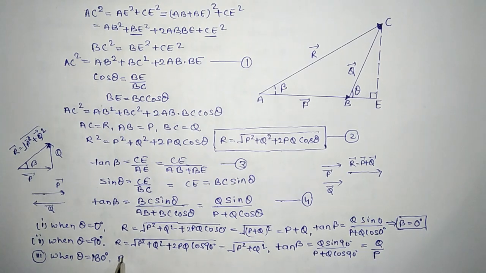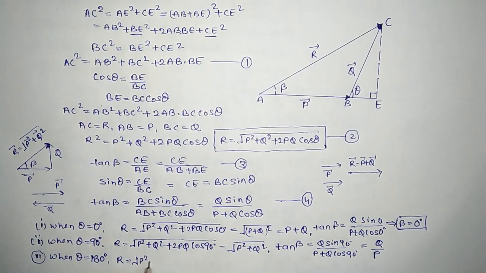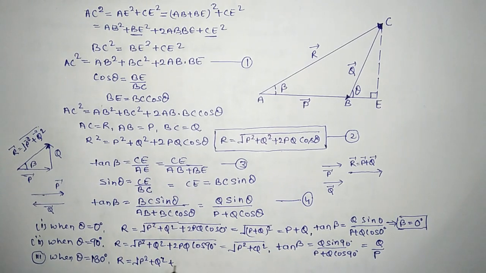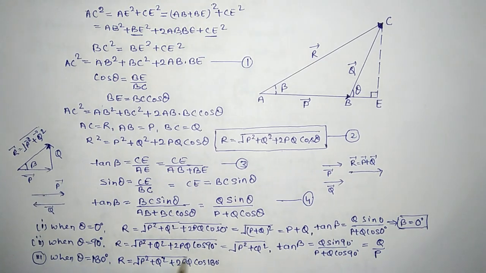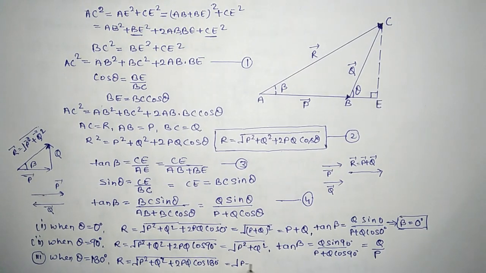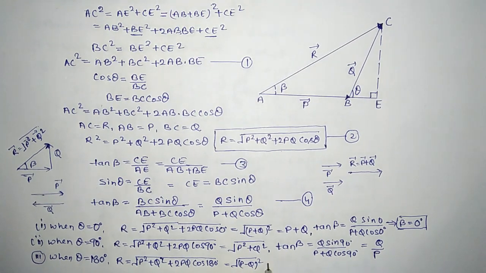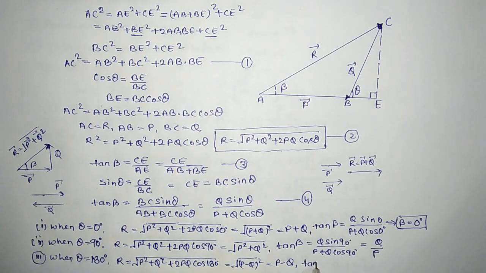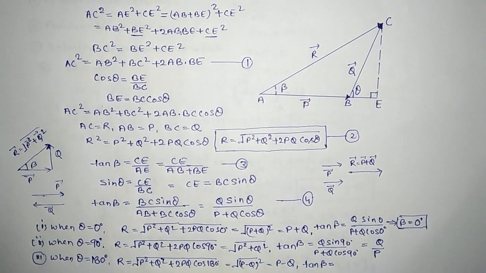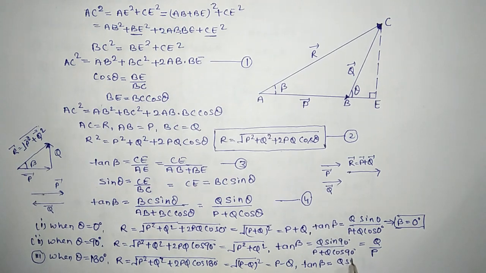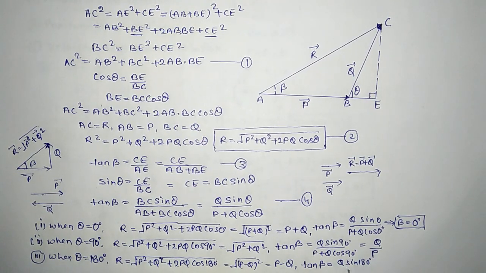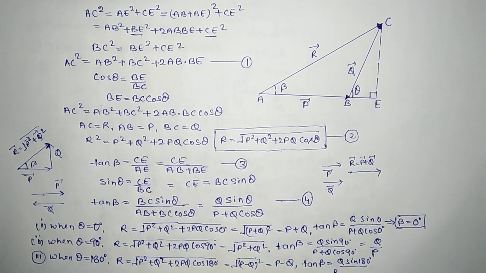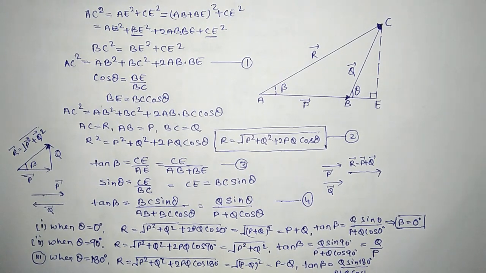Then the resultant R is given by under root P square plus Q square plus 2PQ cos 180, which is equal to under root (P minus Q) whole square, or P minus Q, and the direction tan beta is equal to Q sin 180 upon P plus Q cos 180, which is equal to 0.